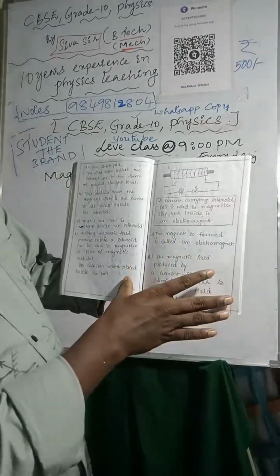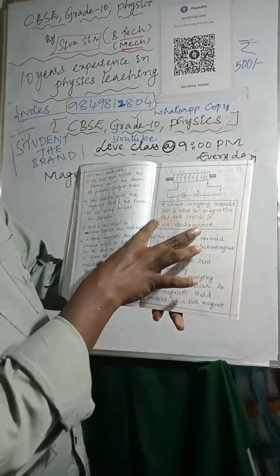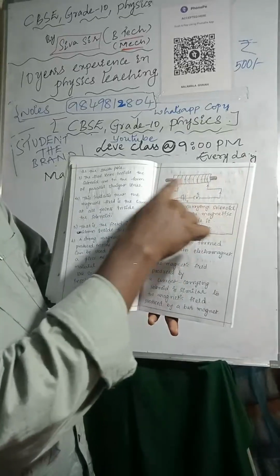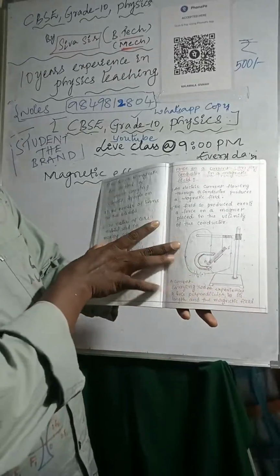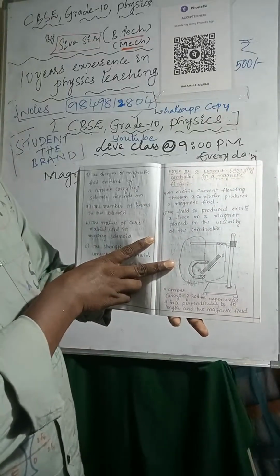Here, this current carrying solenoid is also used to magnetize a steel rod inside of it. If you place the steel rod inside of it, it also gets magnetized. And here see the diagram. A very important diagram. I did it with my hand.